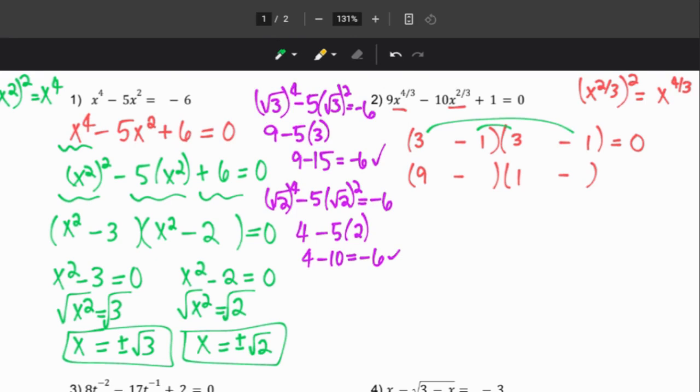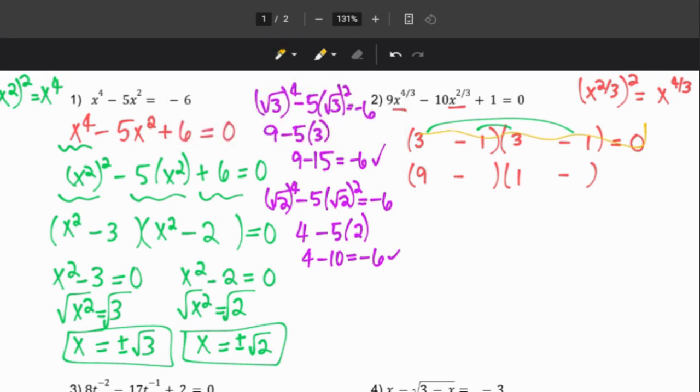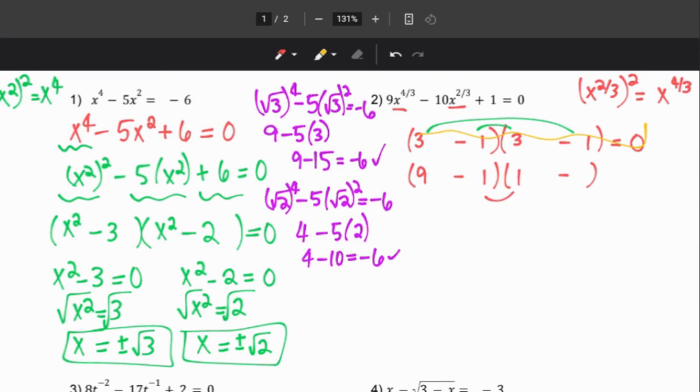That equals negative 6, so that's not going to be the one that works. All right, but if I check outer and inner here, I've got negative 1 and negative 9, and that does add to negative 10, so that is going to work. So I know that this factors into 9x to the 2/3 minus 1 and 1x to the 2/3 minus 1.